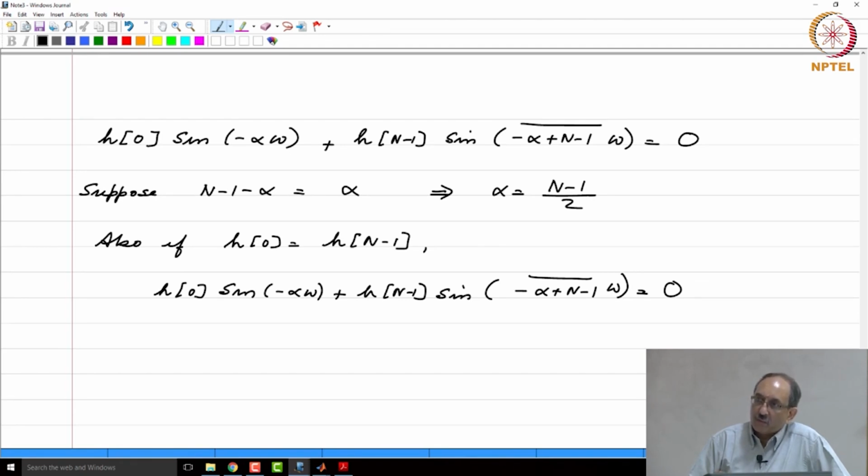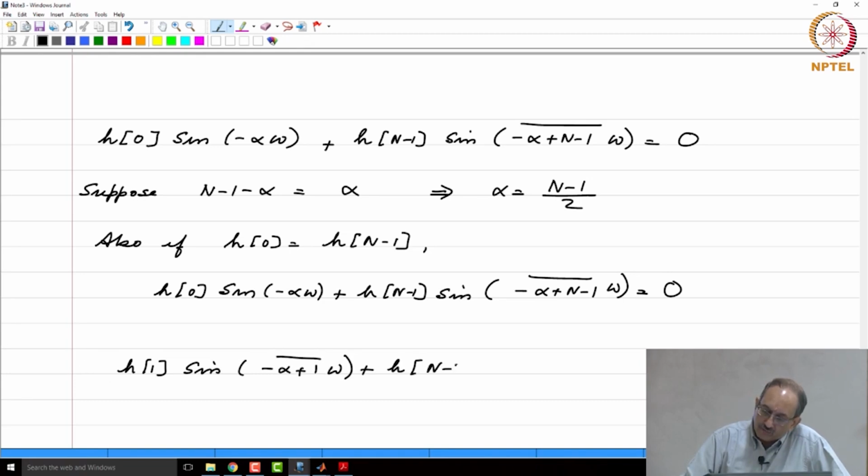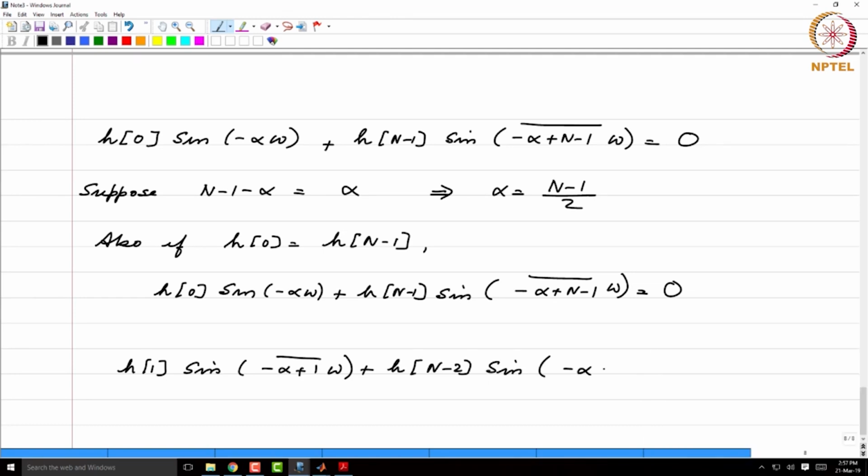Now, the next biggest step comes. If this were true, then following the same pattern, the second term and the penultimate term have to cancel. Therefore, you need h of 1 sine of minus alpha plus 1 times omega plus h of N minus 2 sine of minus alpha plus N minus 2 times omega must be equal to 0.